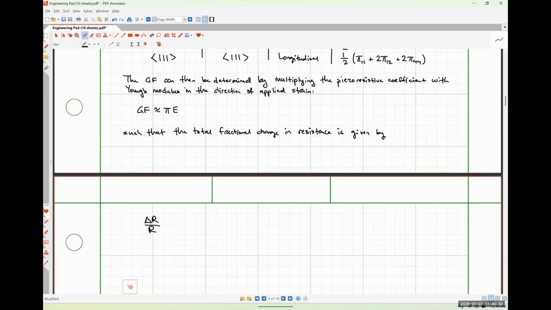Delta R over R will be a combination of the longitudinal change in resistance plus the transverse change in resistance.